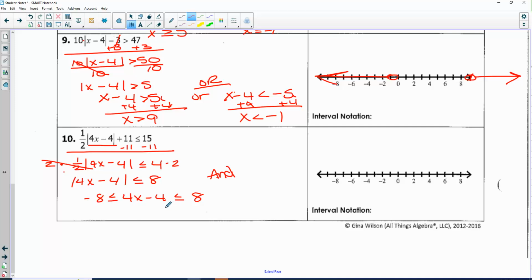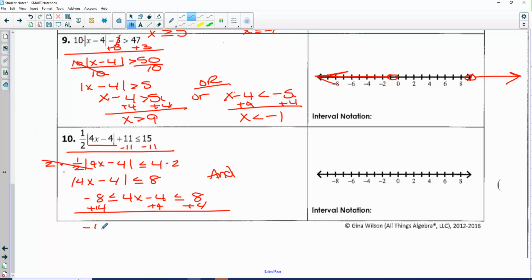Okay, now it's just like a problem that we've been solving. When we have a compound inequality, we have to get this x by itself. So, Blair, what would I do first? Plus 4. Do it to all sides.